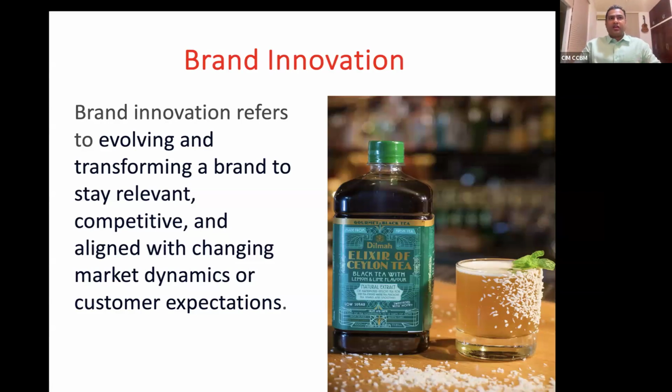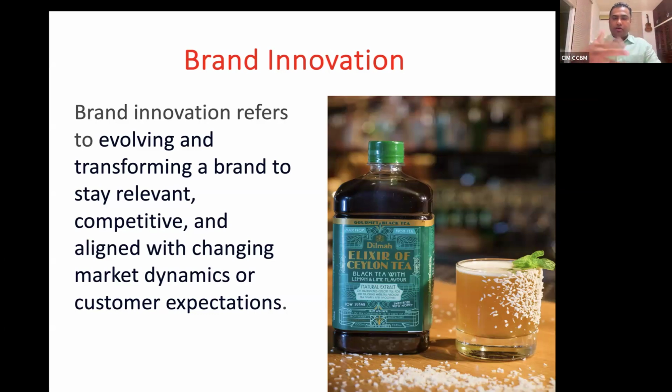Just like we change our hairstyles, we change how we dress, we change our car, all to send out signals of success, just like that, a brand also needs to be jazzed up, and you need to have a refreshing appeal through your innovation.